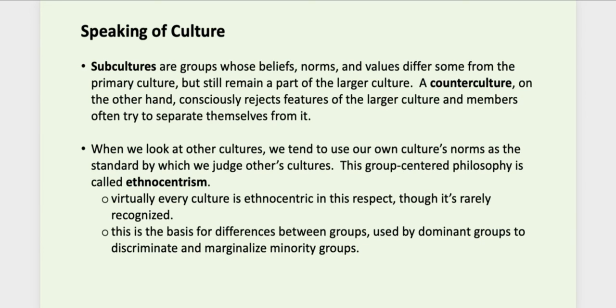In its extreme form, ethnocentrism would be xenophobia, and virtually every culture has some ethnocentricity in its thinking, because each culture tends to see itself as superior and as having the correct way of seeing the world, and judges other cultures measured against its own view of the world. And of course, this is the basis for the difference between groups, and dominant groups often use the tendency of ethnocentrism and even xenophobia to discriminate and marginalize minority groups within a culture.